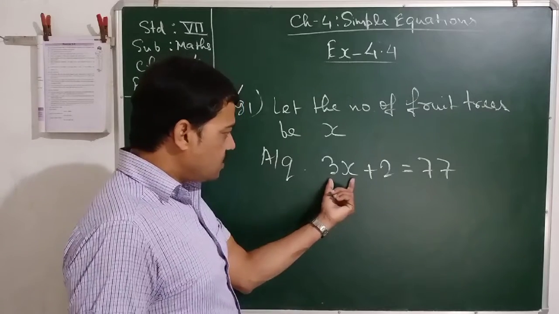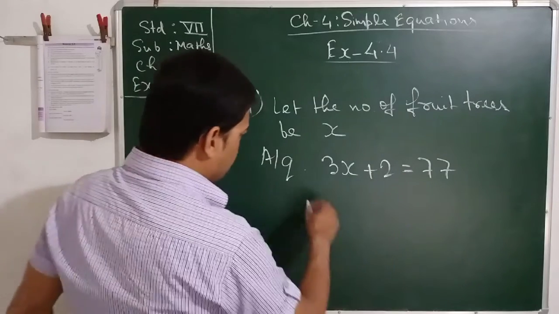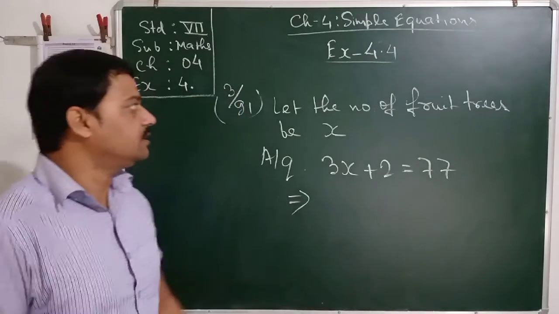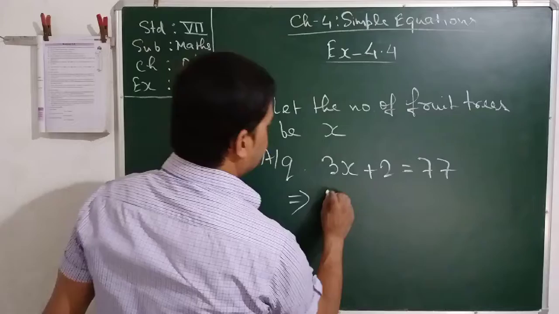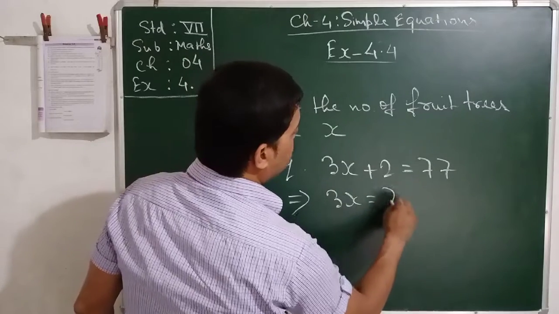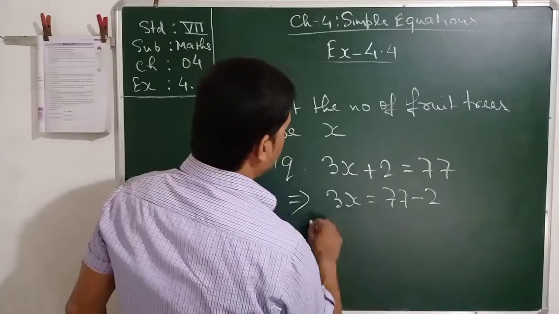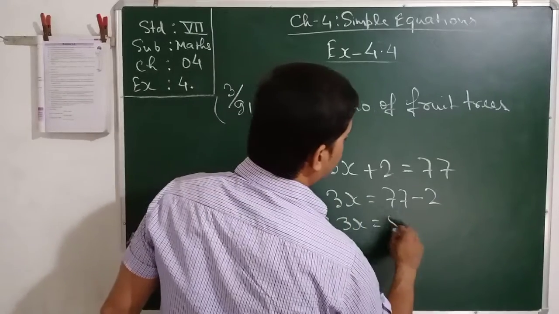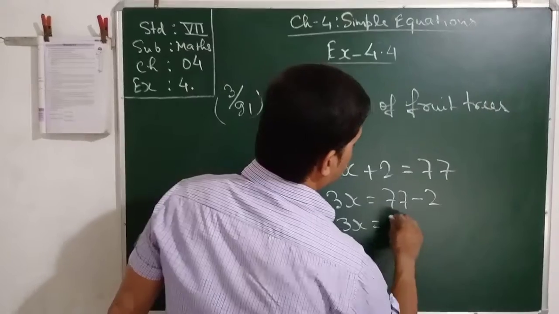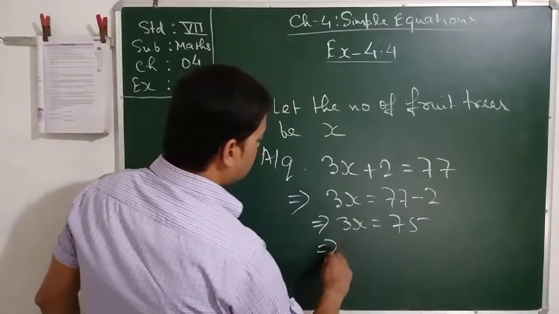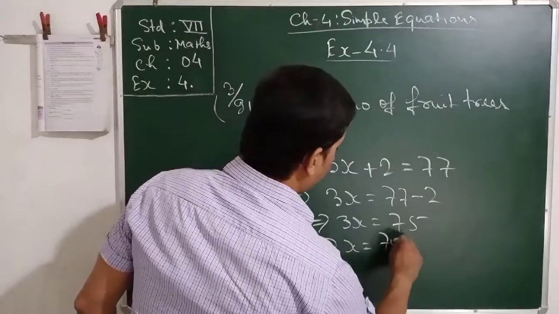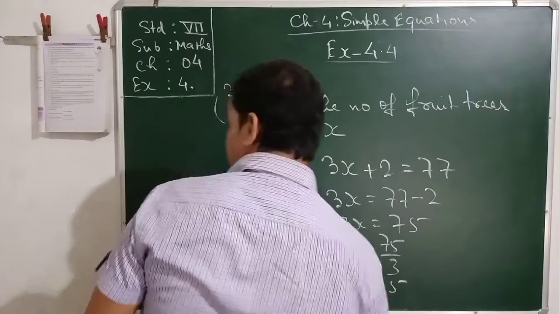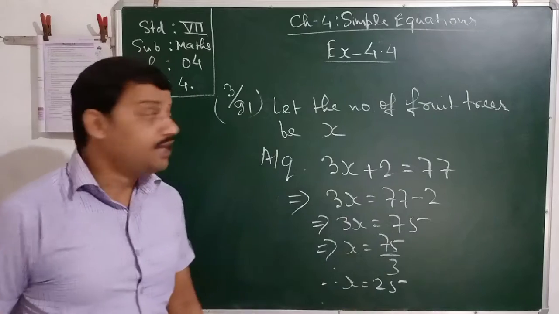If you solve this equation for x, you will get the number of fruit trees. 3x equals 77 minus 2, 3x equals 75, x equals 75 by 3, therefore x equals 25. Hence the number of fruit trees we got is 25.